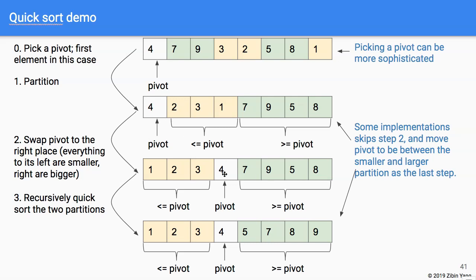Instead of doing the swap at this step, it leaves the pivot where it is, and then it just sorts the two smaller partitions, and as the last step, it reconstructs the input by putting the pivot in between the sorted partitions. And that's the way I remember how I learned it. But either way, the idea is extremely similar between the two approaches.